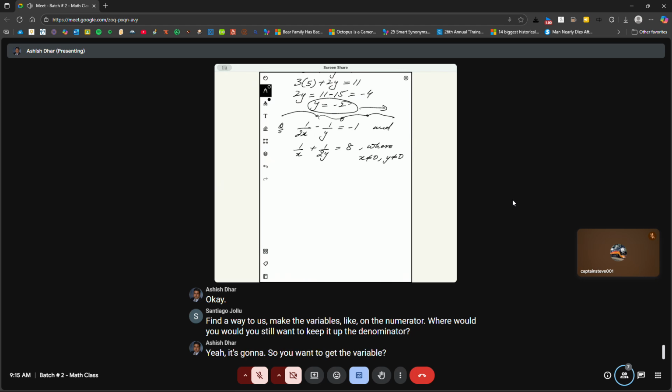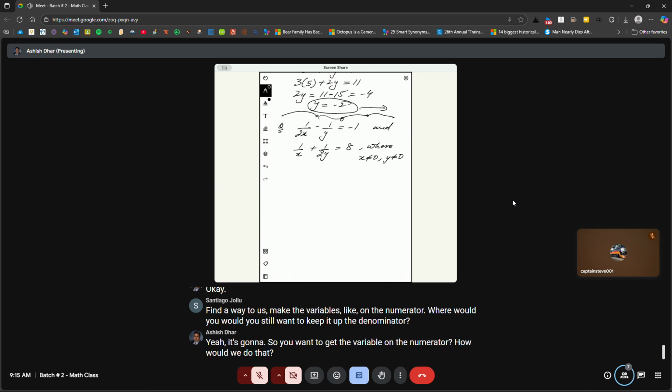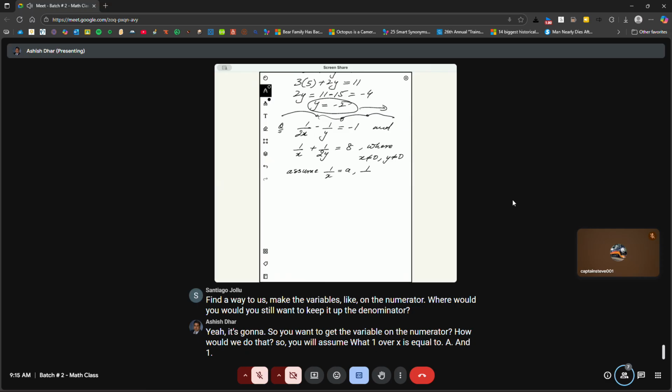So you want to get the variable on the numerator. How would we do that? So you will assume what? 1 over x is equal to a and 1 over y equals what? B. Fair?